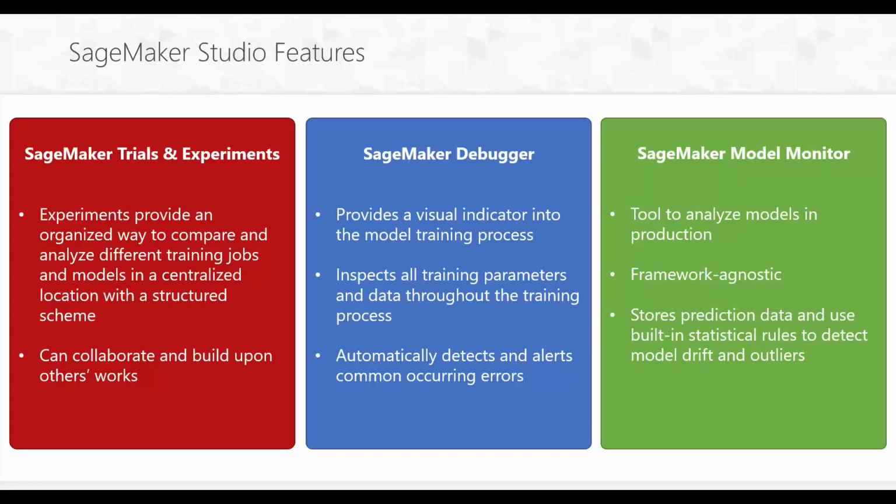If that deviates too far, then that's a big indicator that your model needs to be retrained so it can perform better in production. What Model Monitor will do is automatically look for any model drift in any of your models that are deployed in production, and alert the data scientists to it.